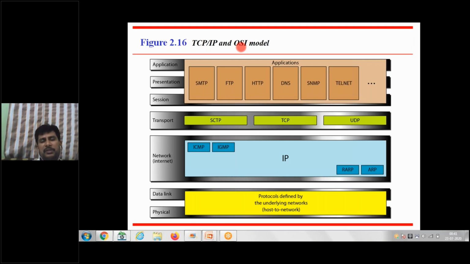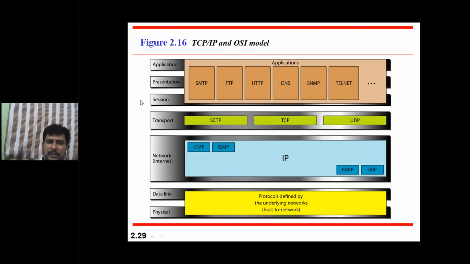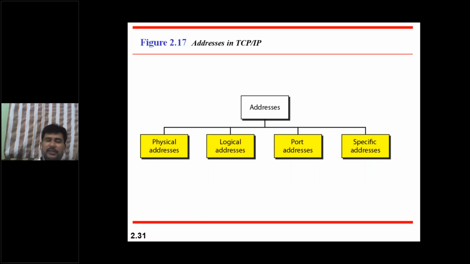Now the last thing that we will discuss before we go to our next class is about the different types of addressing that we use in the different layers. As discussed in the previous slides, for the data link layer, the type of address is called the physical address. It is responsible for node-to-node delivery. If the address is for end-to-end delivery, it is called the IP address, and it is related to the network layer.